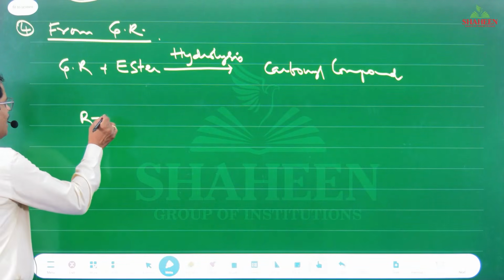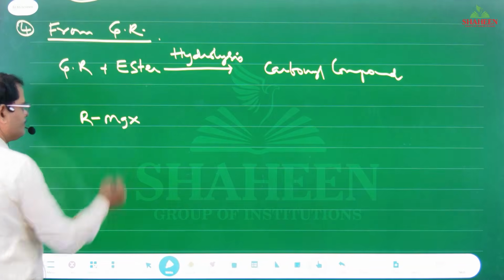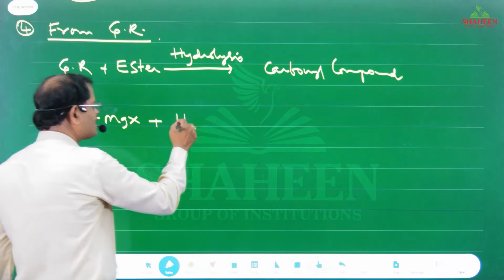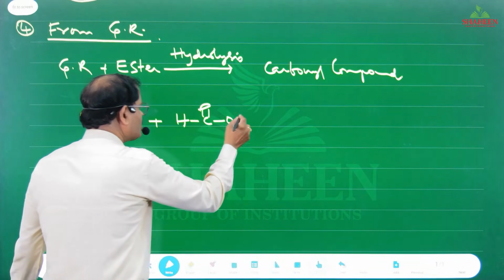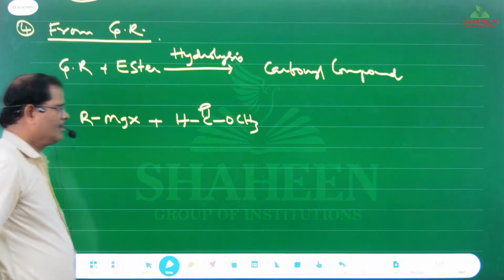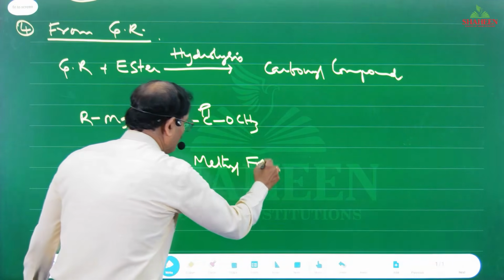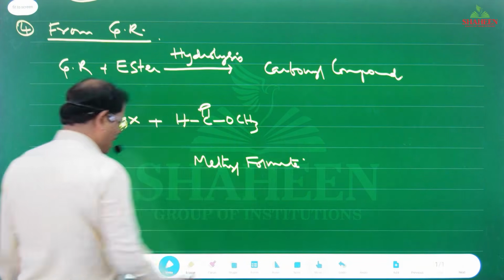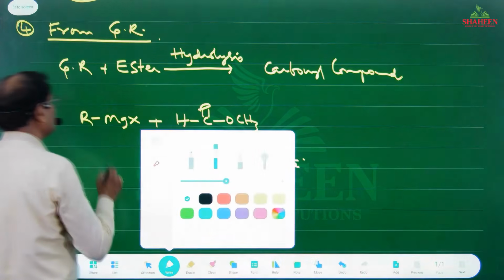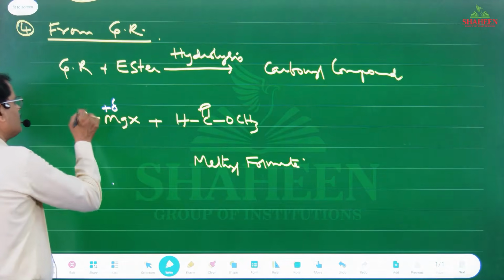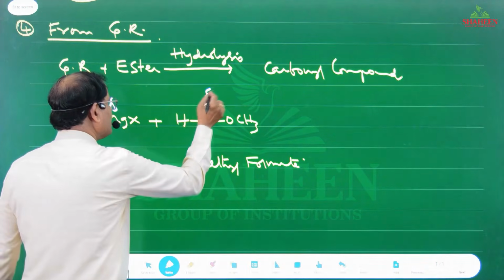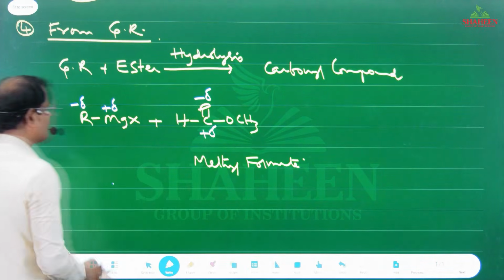So here RMgX plus an ester of formic acid. Here I am using methyl formate. Methyl formate and Grignard reagent are added. Here partial positive, partial negative, and here partial negative, partial positive.